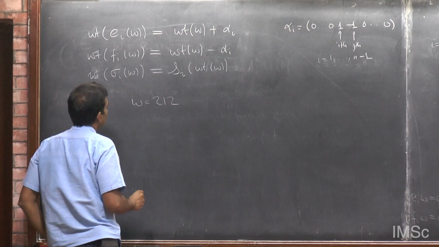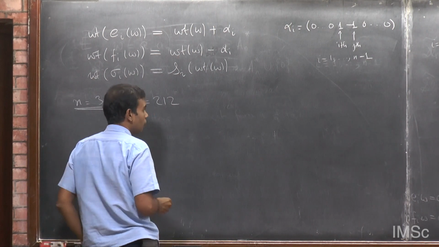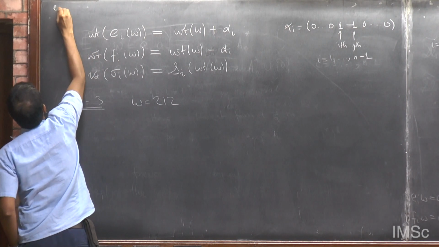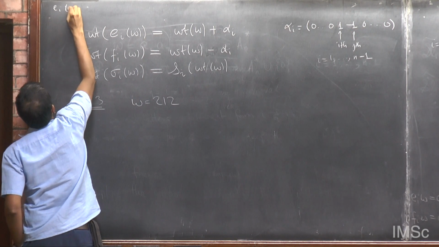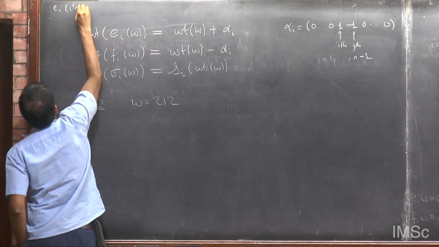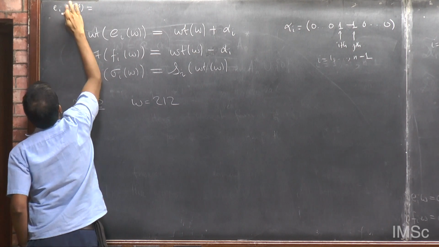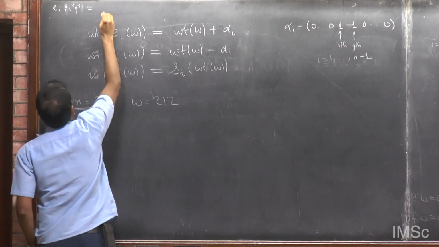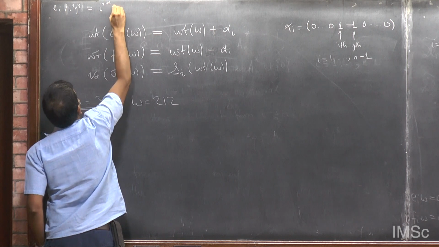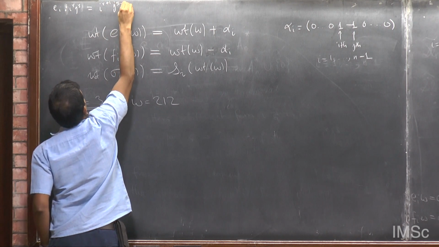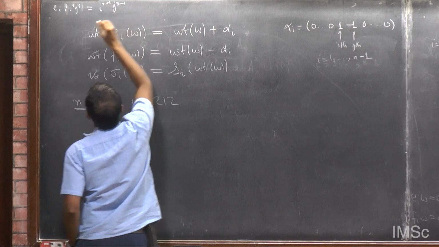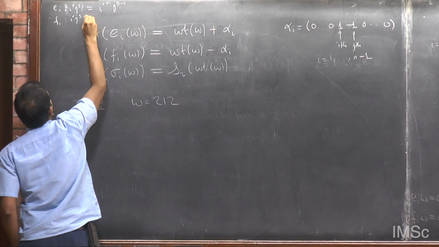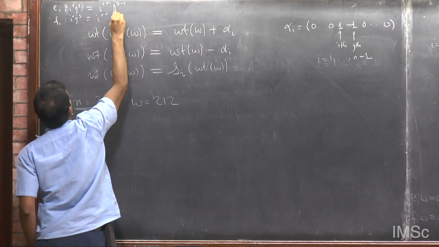If I want to apply, I should write down again, like I had written the Knuth rules in the corner: E_i of i^r j^s is i^(r+1) j^(s-1), and F_i of i^r j^s is i^(r-1) j^(s+1).